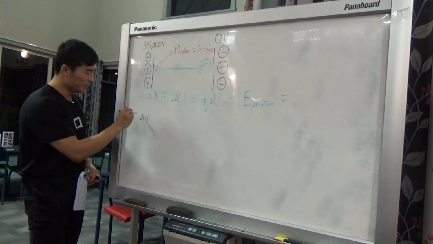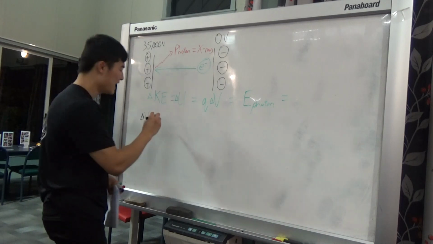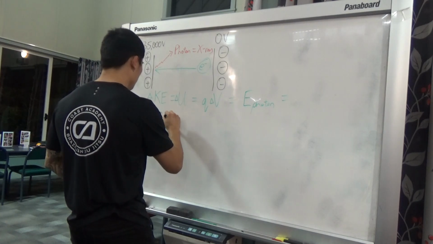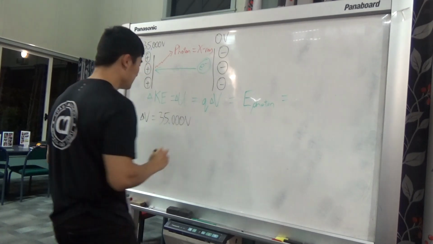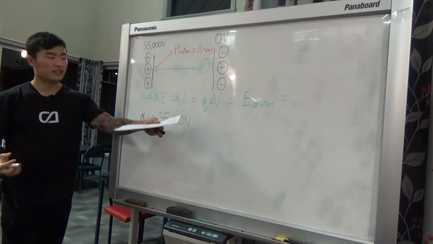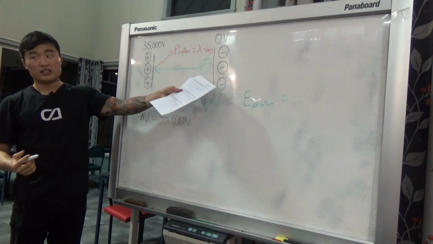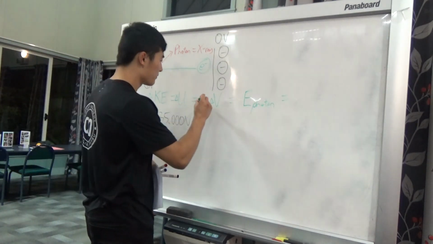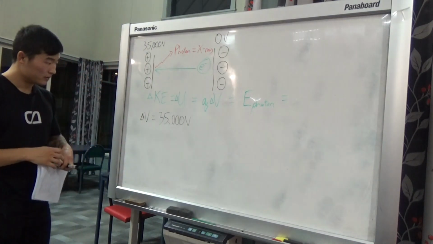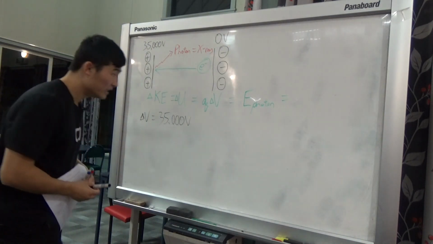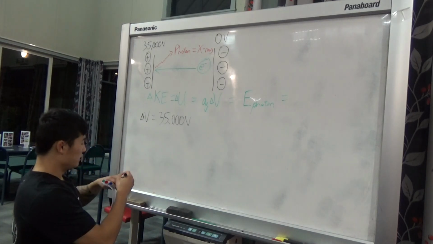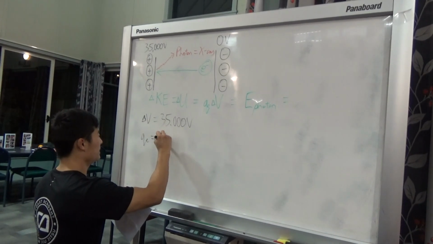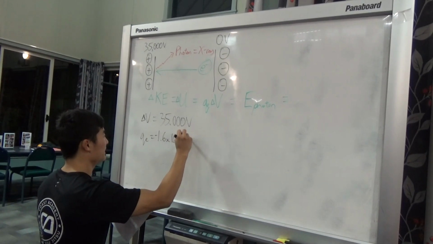All you need to recognize is that the voltage is 35,000 volts, and the charge is that of an electron, so we know what it's going to be. The charge of an electron is negative 1.6 times 10 to the negative 19 coulombs.